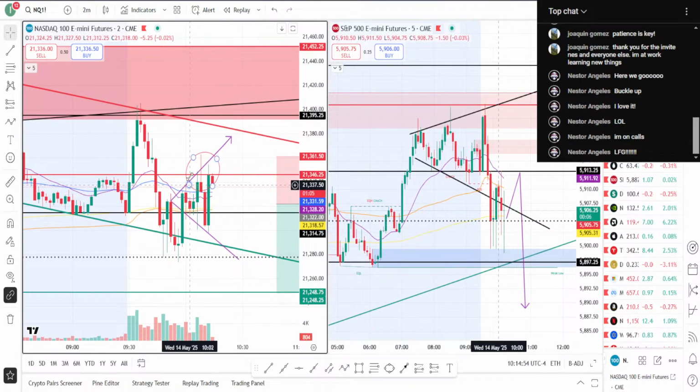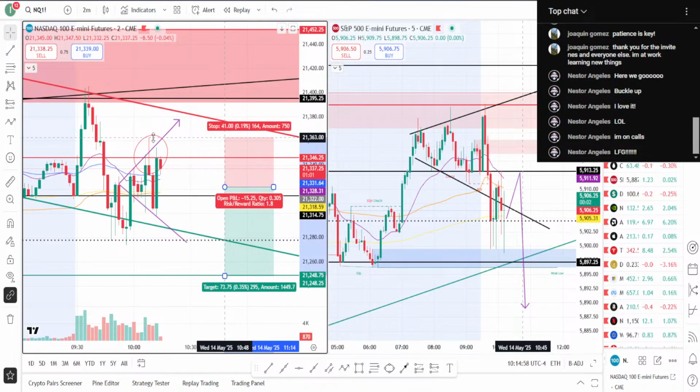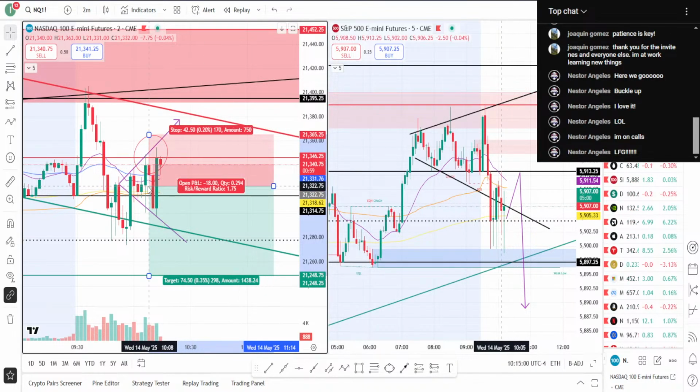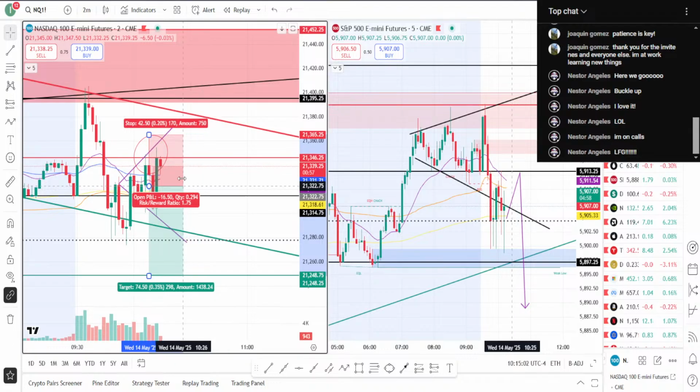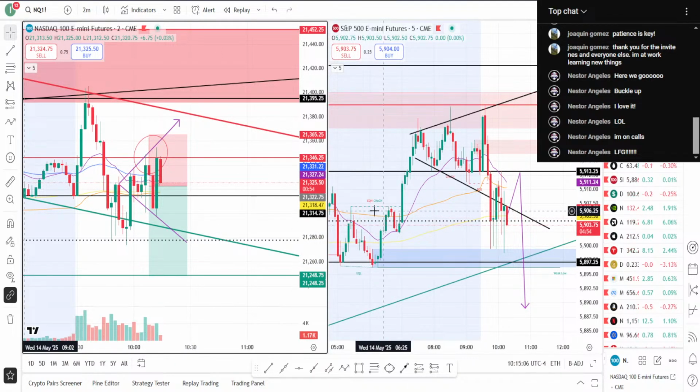Might be cooked here. Stops at the highs. Oh snap, sellers are getting back in there. Just gotta be patient.